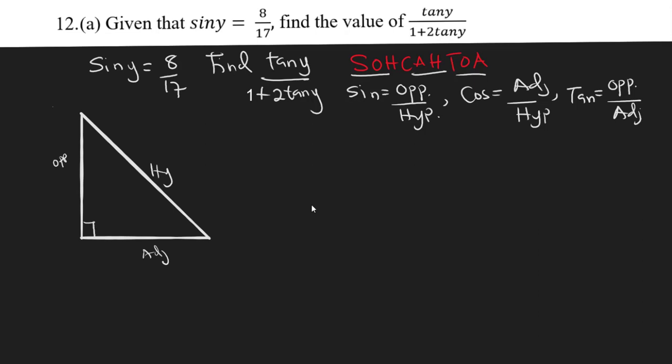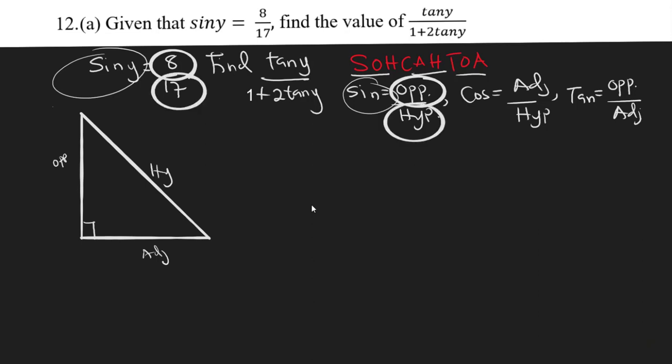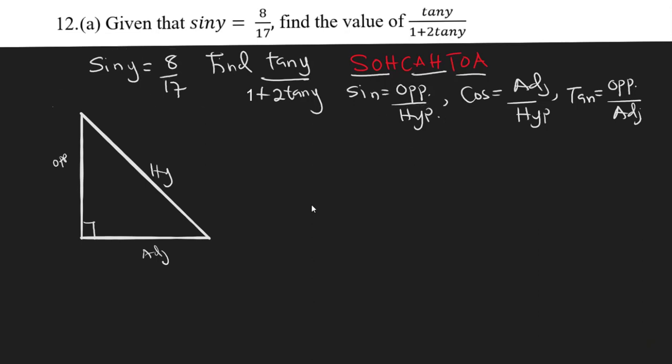Sine y is the same thing as opposite over hypotenuse, so our opposite is 8 and our hypotenuse is 17. So we put them here.